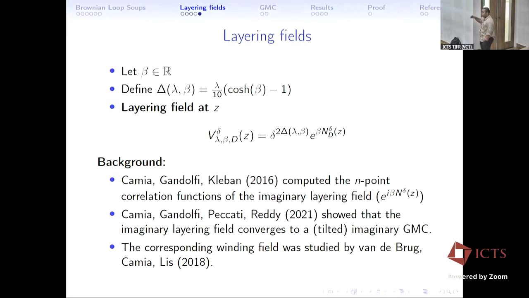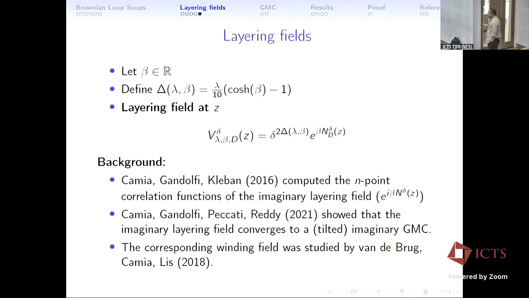You need to look at the fine structure of the Brownian loops themselves. So as far as I know, there is no similar result for the winding field like the one that I'm going to present, or the one that this paper presented, where the imaginary layering field converges to the imaginary GMC.